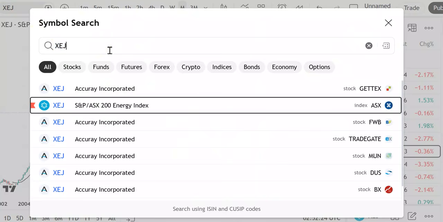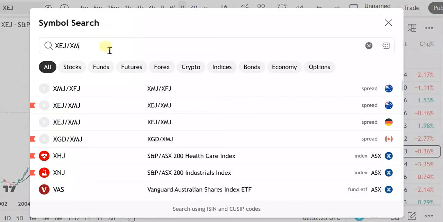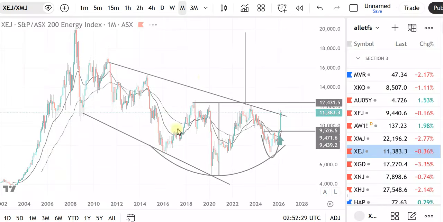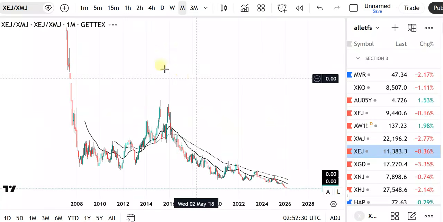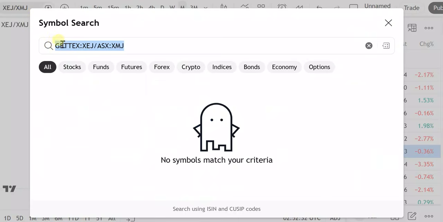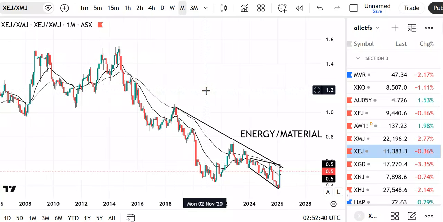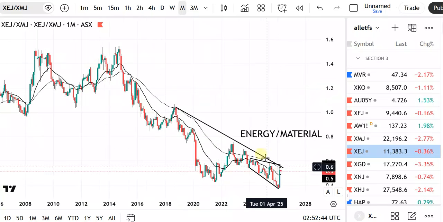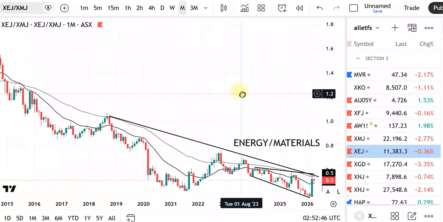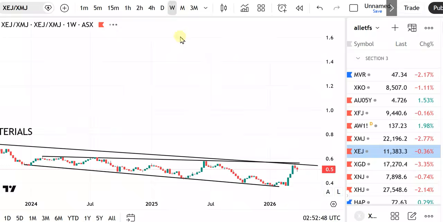so you obviously want to be in energy. If we compare energy to materials, but get the Australian version. Okay, so this is materials outperforming energy, and I'll just go to a weekly.